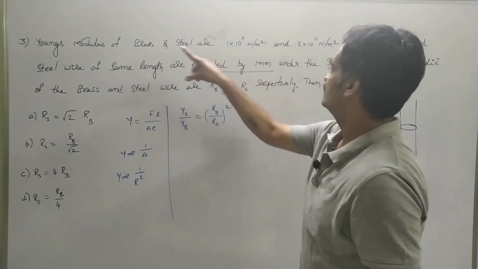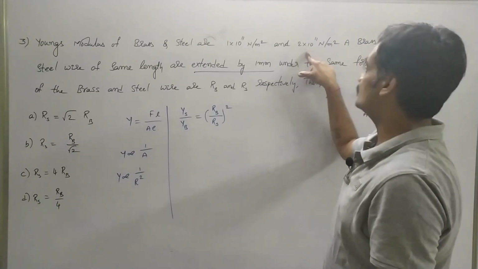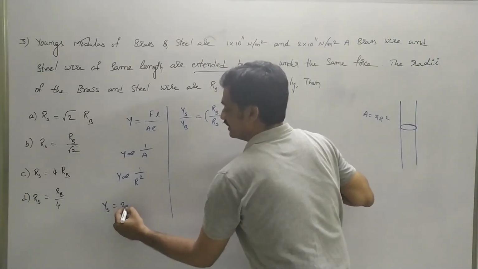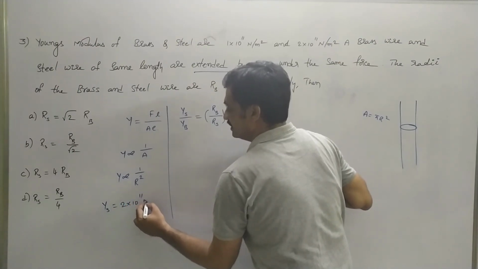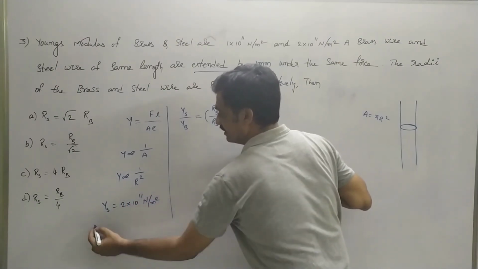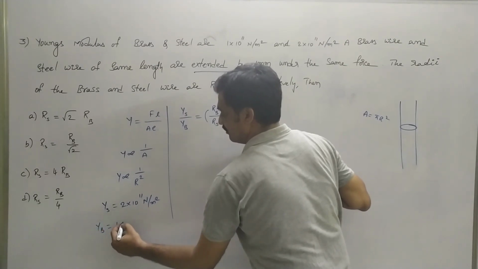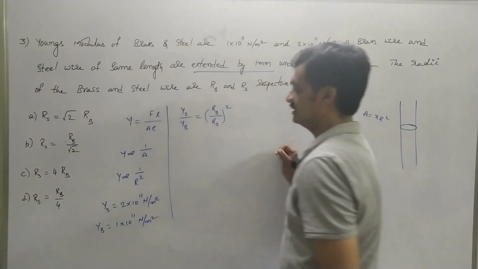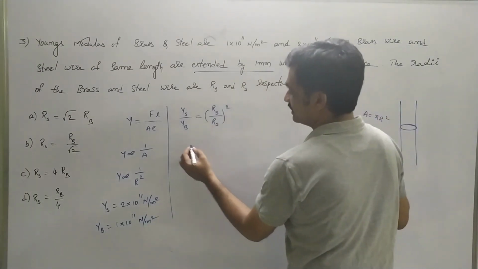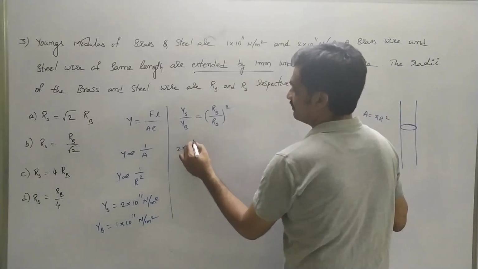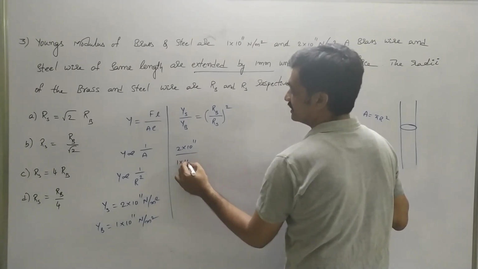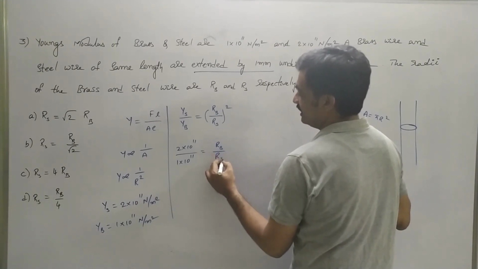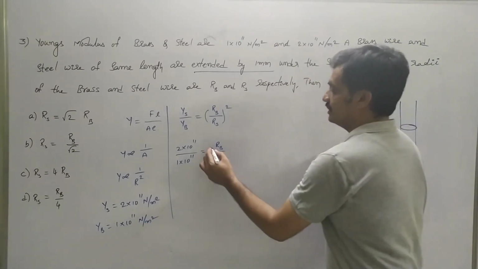Young's modulus of steel is 2 × 10^11 N/m², and that of brass is 1 × 10^11 N/m². Let's substitute these values. 2 × 10^11 by 1 × 10^11 is equal to (r_b / r_s)².